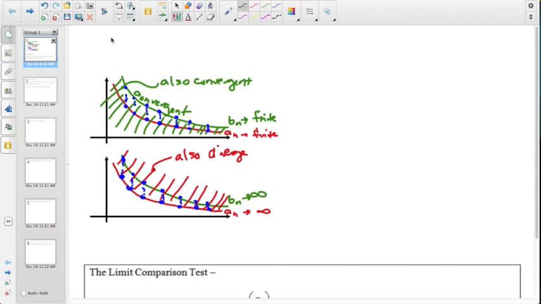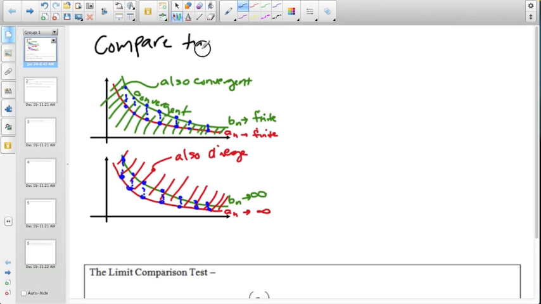To recap what it means to compare two series, and just to bring back the graphs from the previous video, we have the idea that if we have a convergent series, B sub n, then anything that's smaller term by term must also converge to some smaller value.